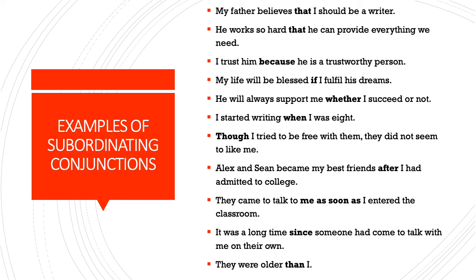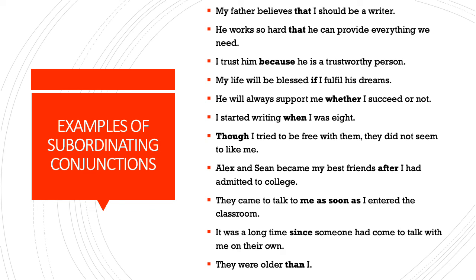He works so hard that he can provide everything we need. I trust him because he is a trustworthy person. My life will be blessed if I fulfill his dreams. He will always support me whether I succeed or not.